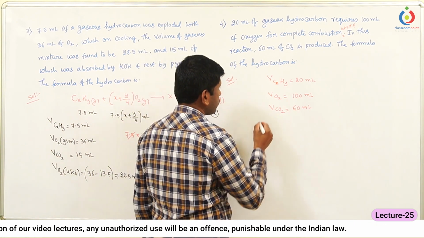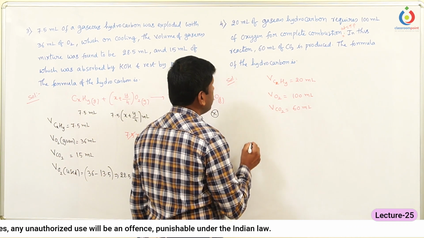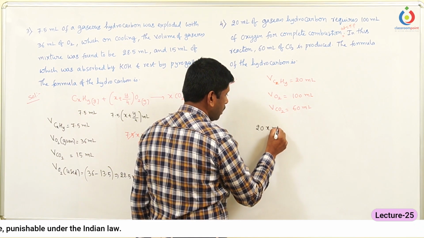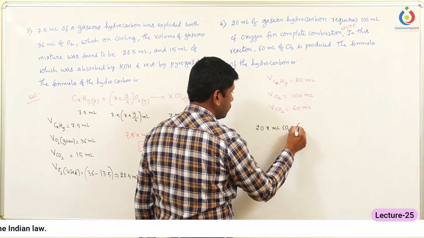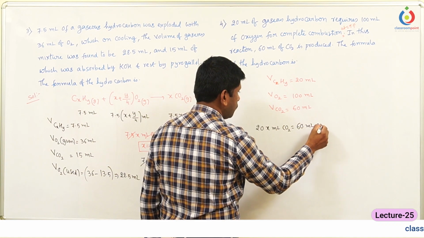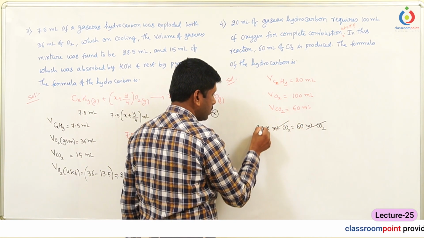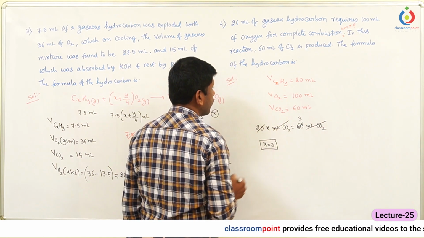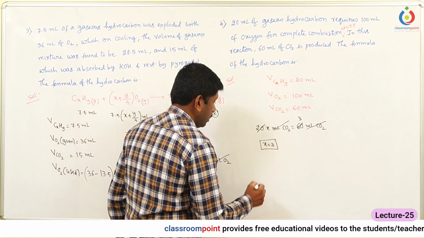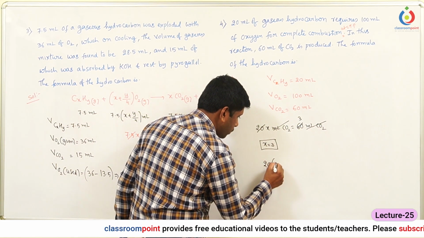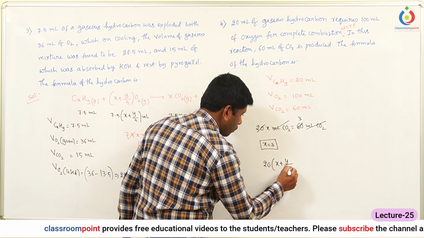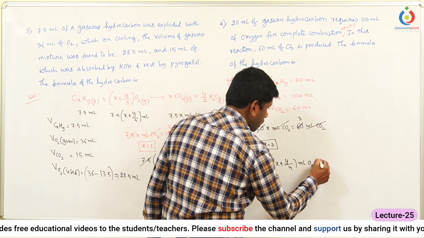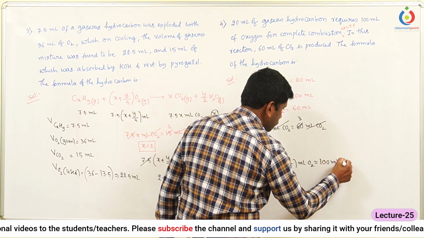Now carbon dioxide 60 ml, hydrocarbon 20 ml, so 20x ml of CO2 is equal to 60 ml of CO2. The ml of CO2 cancel out, it goes 3 times, so x value is equal to 3. And volume of the oxygen, so here we can write that 20 into (x + y/4) ml of O2 is equal to 100 ml of O2.